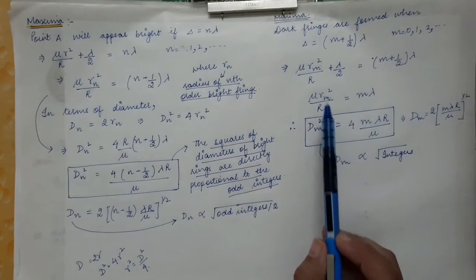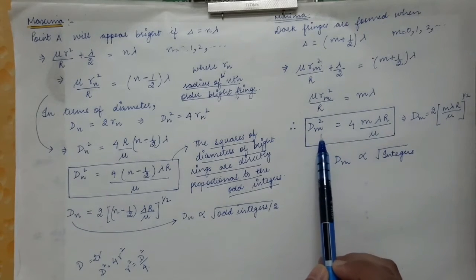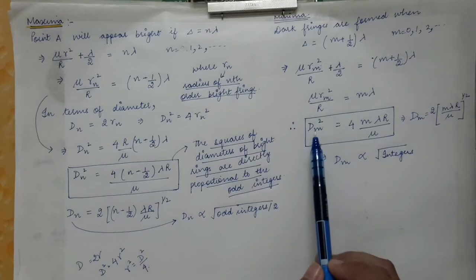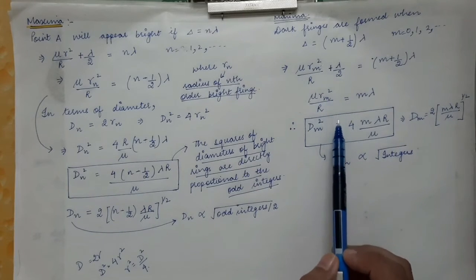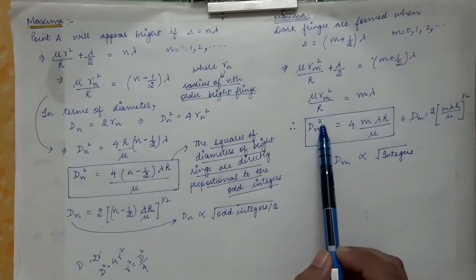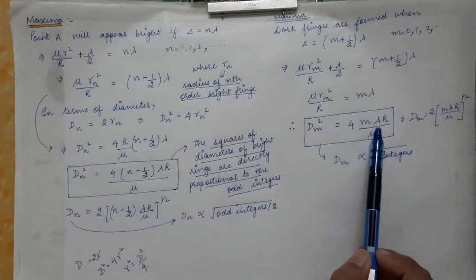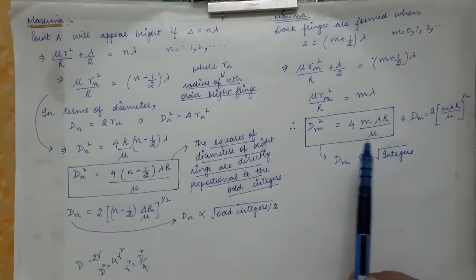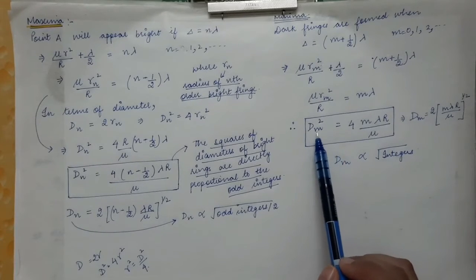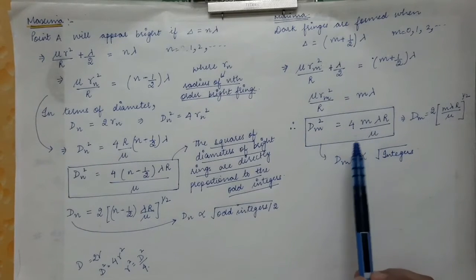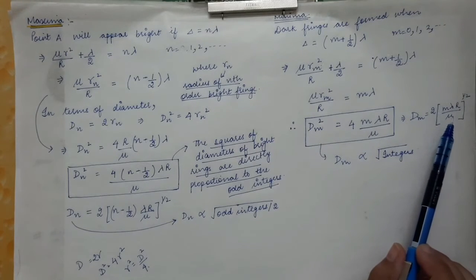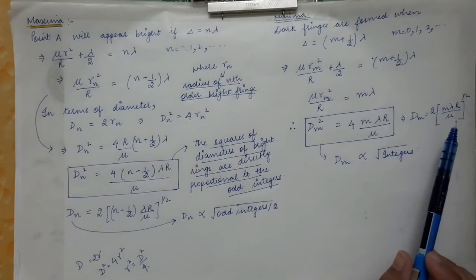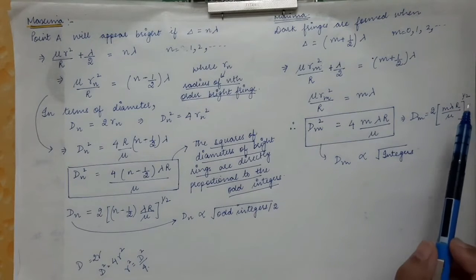From here you can find the diameter of the mth dark fringe. You substitute Rm² as dm² divided by 4, so you get dm² is equal to 4mλR divided by μ. Taking the square root on both sides, you get dm equal to 2 times the square root of mλR upon μ.